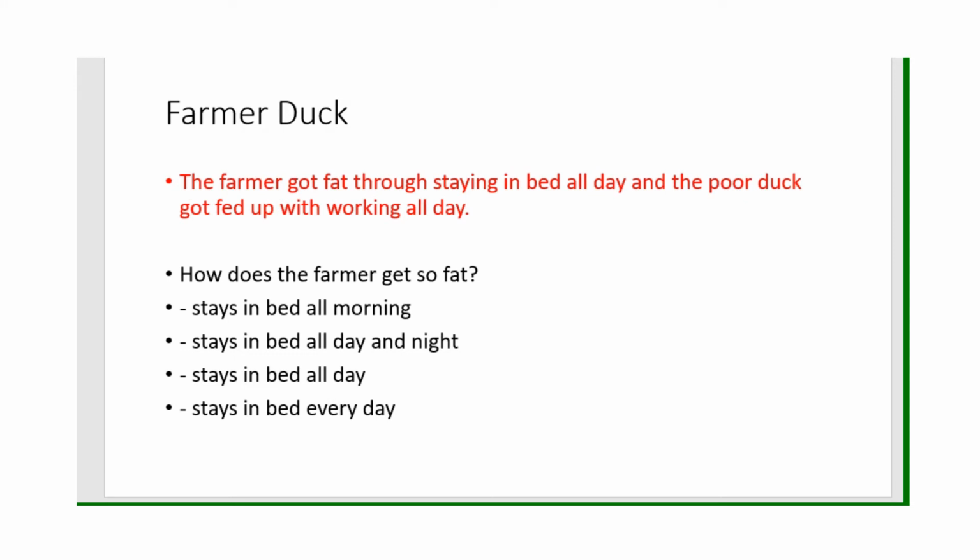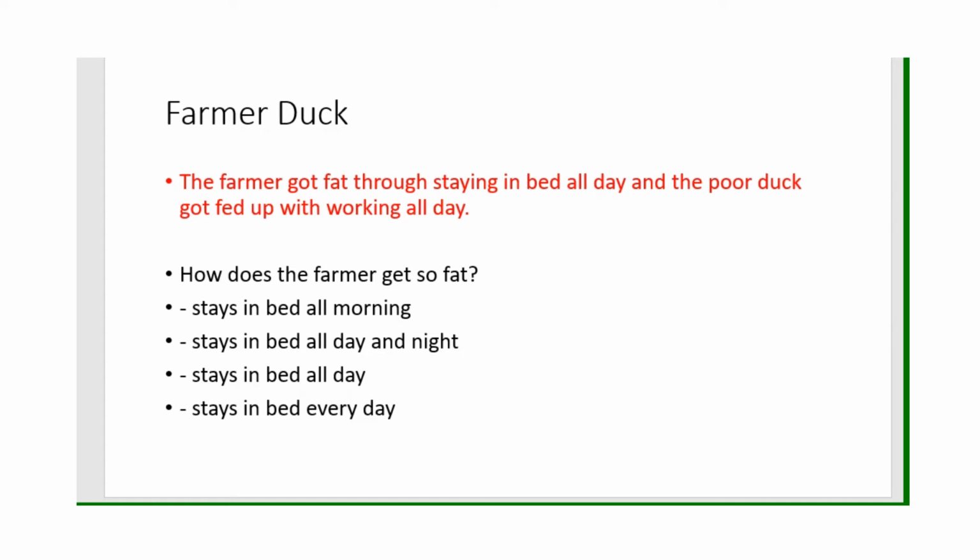Right, let's have a look at this one now then. Read that text that is in red. Then have a read of the question. So the question says, I will read this. How does the farmer get so fat? Now we know, right, we have to read all the options.